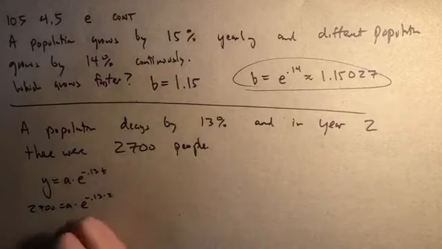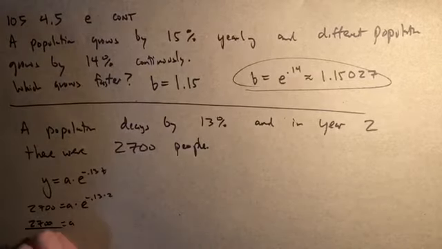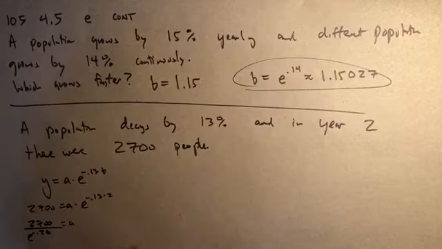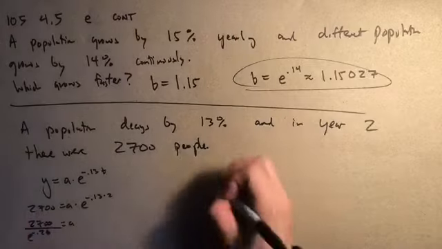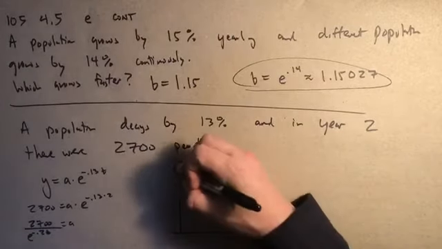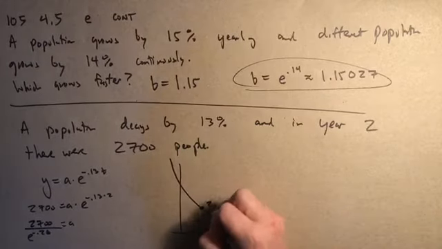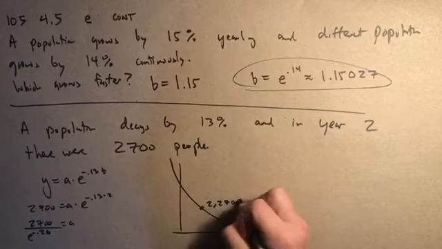You're going to solve for a, and a will equal 2,700 over e to the negative 0.26. And sure, I could resolve that more, but we would have a formula and we would be done. I don't like to think of things that way. I prefer to say, okay, I have this declining population, and in year 2, there were 2,700 people.